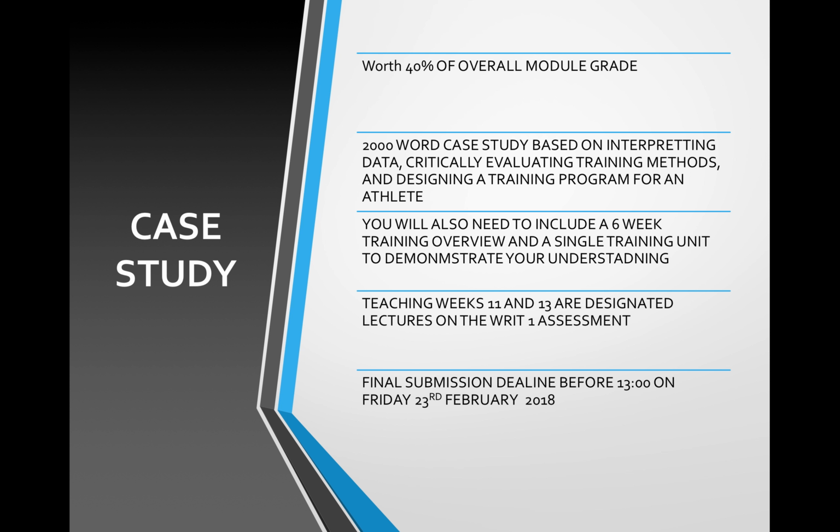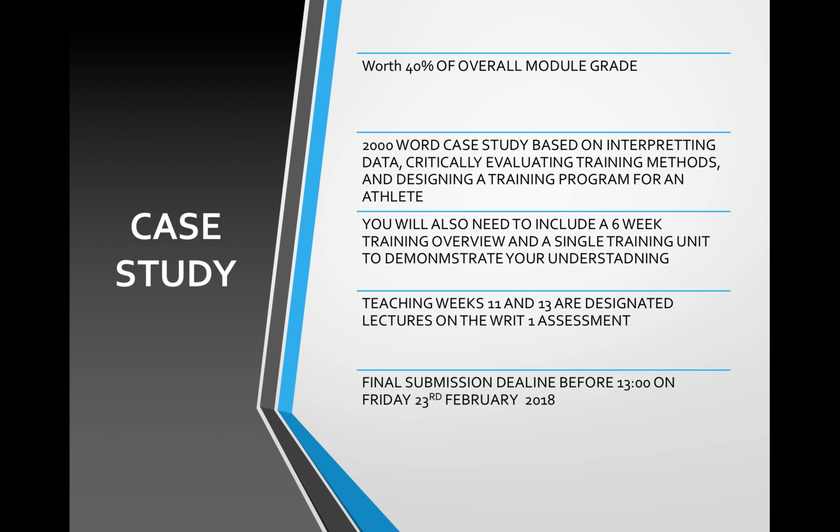Okay, but this is where you need to get your head into the journals, start to look at what research has looked at with certain training methods, make sure you have evidence, make sure you reference, and start to build up this critical evaluation of the pros and cons of certain training methods, which will make it a lot easier for you when you've designed your training program to actually justify the inclusion of certain things.